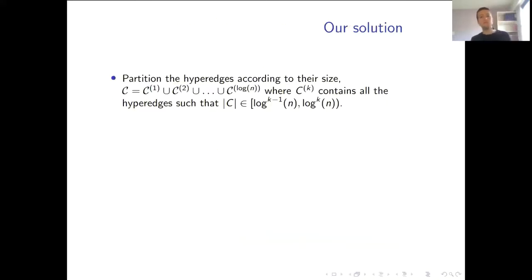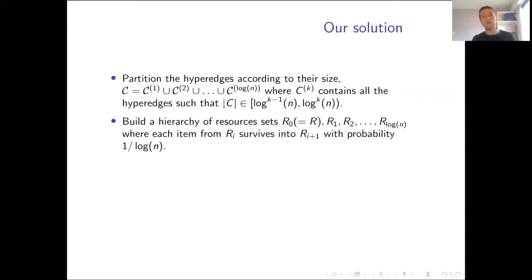A bit more formally, we first do a geometric grouping of the hyperedges according to size. Any hyperedge that has size between log^(k-1) n and log^k n, we put in the kth group. Then we also build a hierarchy of resources, R_i, where R_{i+1} is obtained from R_i by sampling down with probability 1/log n.